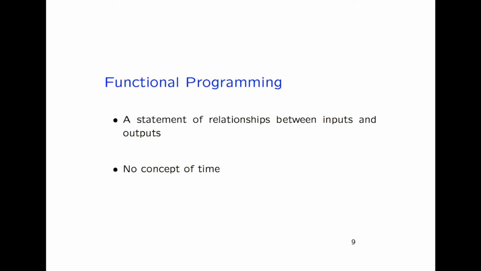A functional program at its core is a statement of relationships between input and output variables. And there is no concept of time, like we have in mathematics from school. You would say I equals j plus 1. That's a meaningful functional relationship. Whereas in imperative programming, we could say I equals I plus 1, which your math professor would tell you is absolute nonsense.